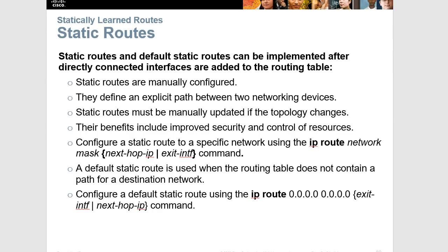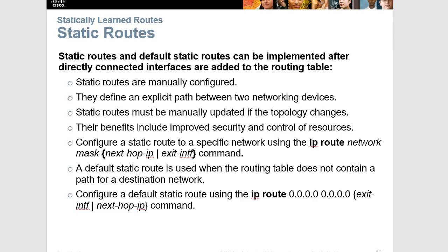And then we come to static routes. Here we have static routes that are configured by you. It's a path between two networks, how you get from one place to another that you just enter in yourself.